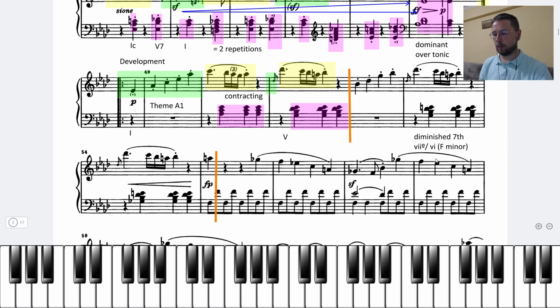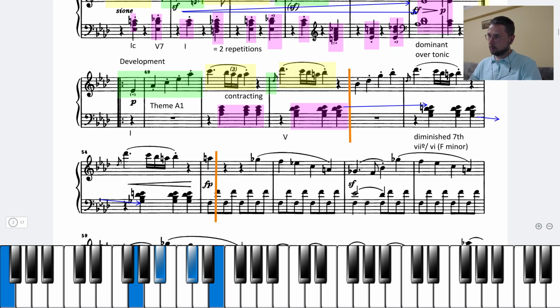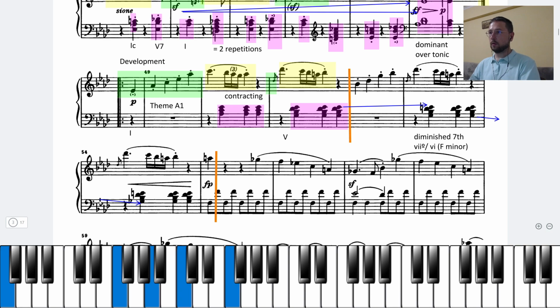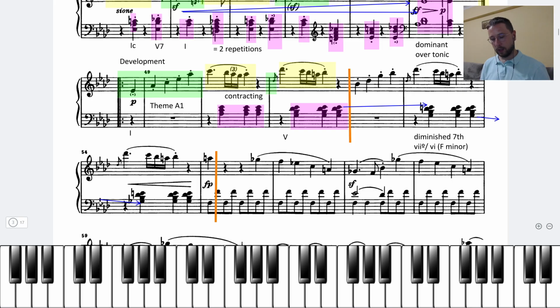He takes this dominant 7th chord that we have here originally and just decides to move a half step up and then a half step down. And thus we're moving from place to place. It's a very beautiful way of modulating, and we can learn and apply that to another key.